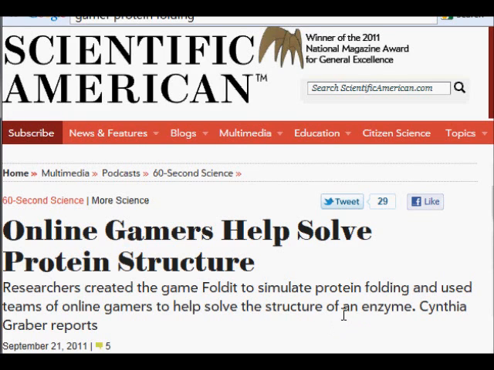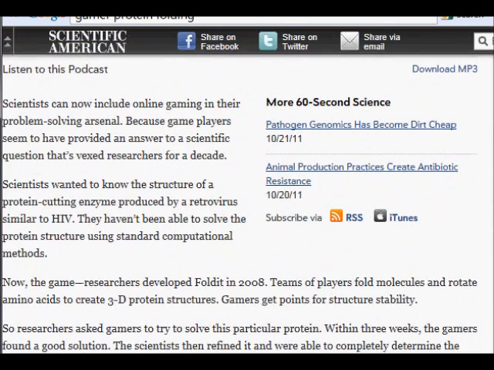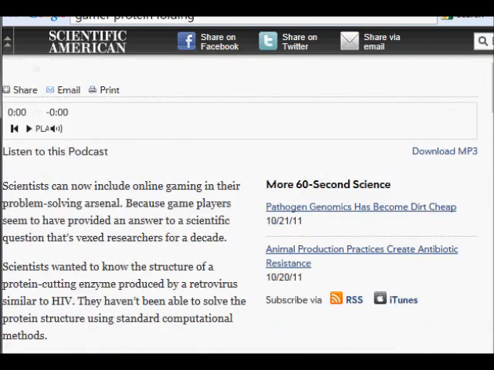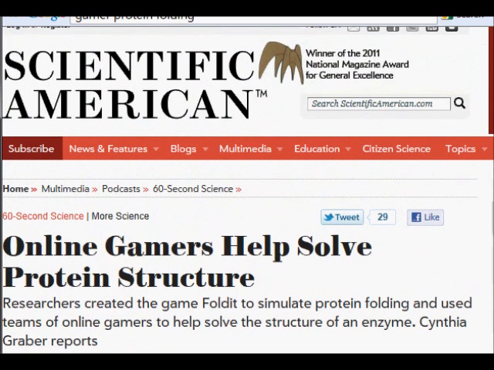It turned out that this protein cutting enzyme, produced by a retrovirus similar to HIV, which they had been working on for about a decade, took the gamers about 3 weeks to solve. That was a really neat application of understanding how enzymes and protein folding are important.